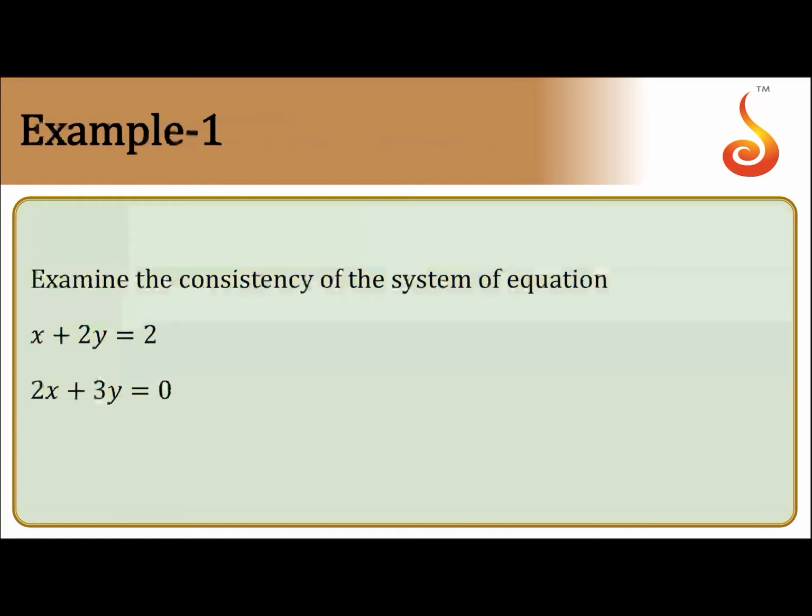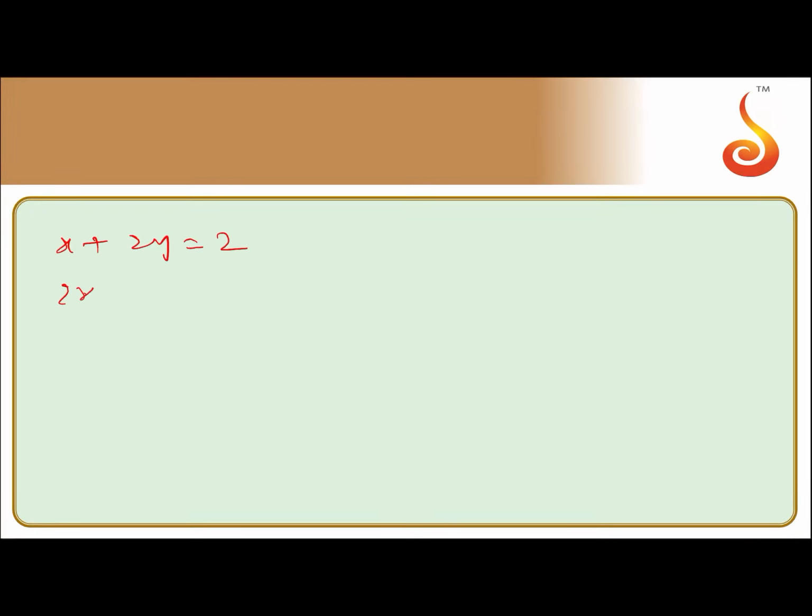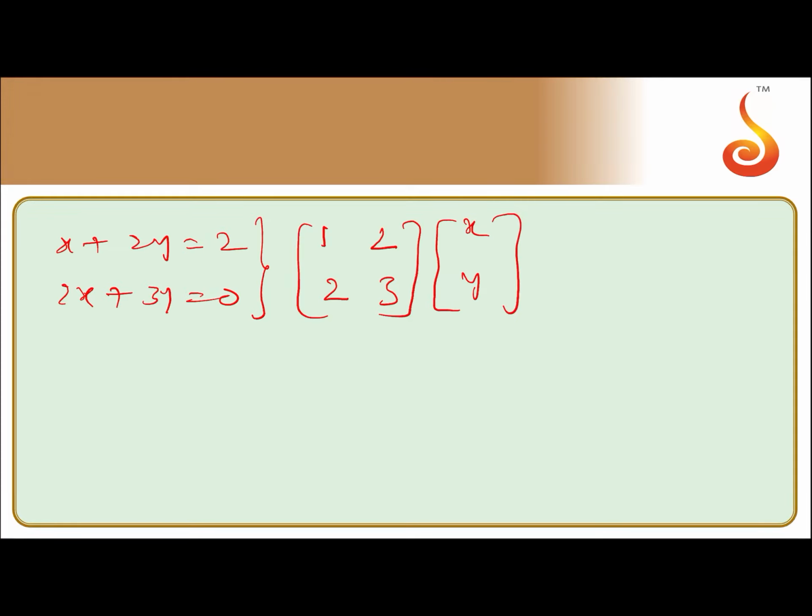This system can be written in the form x plus 2y equals 2, and 2x plus 3y equals 0. Here this can be written as the matrix 1, 2, 2, 3, multiplied by the column matrix xy, equals 2, 0.